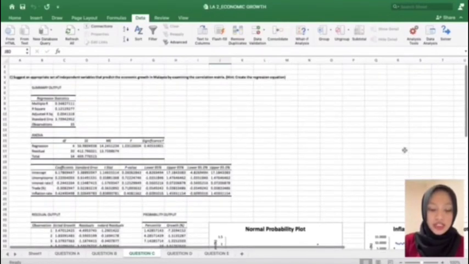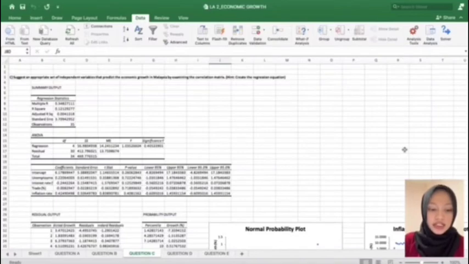For question C, suggest an appropriate set of independent variables that predict the economic growth in Malaysia by examining the correlation matrix. But for this question, we did not use the correlation matrix, but we use regression.